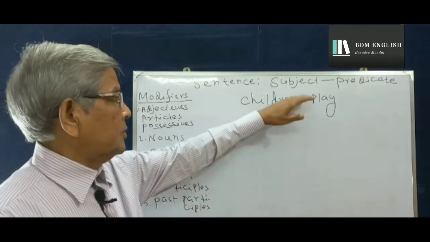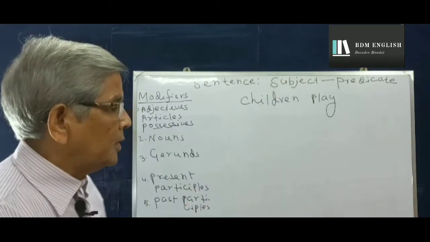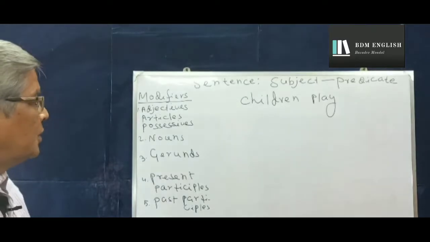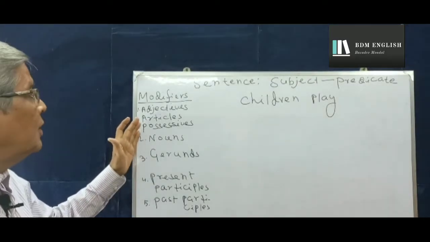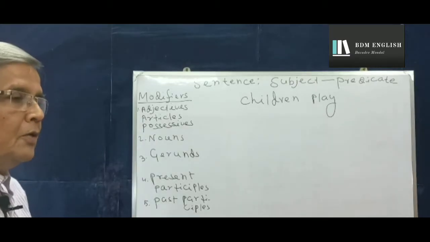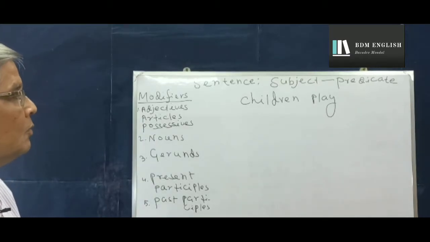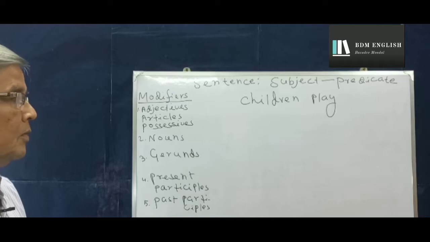Its two divisions, the subject and the predicate, and how the subject can be expanded by using different kinds of modifiers. So let us first know what a sentence is.